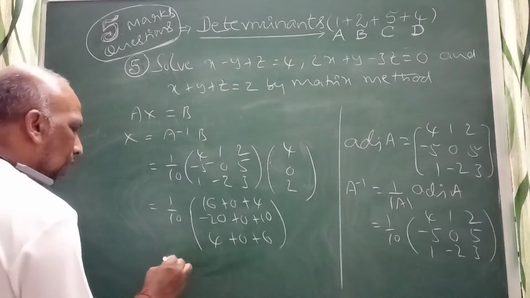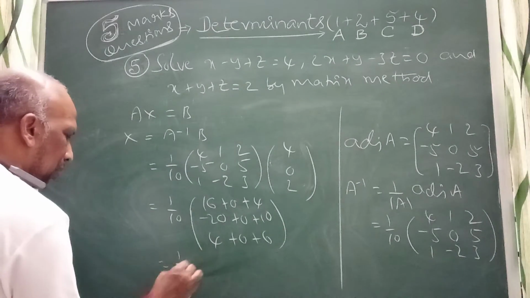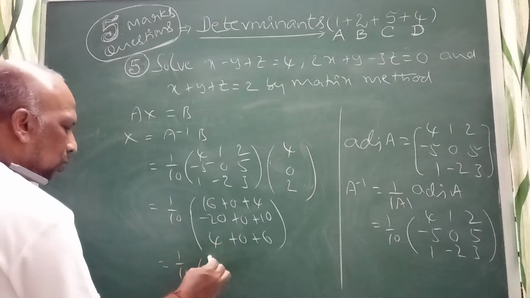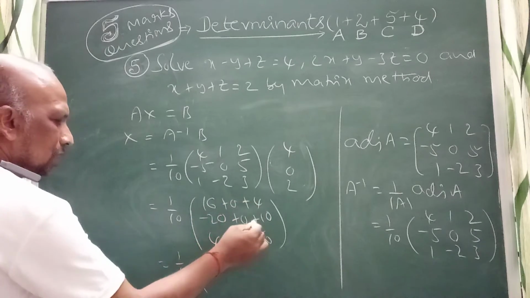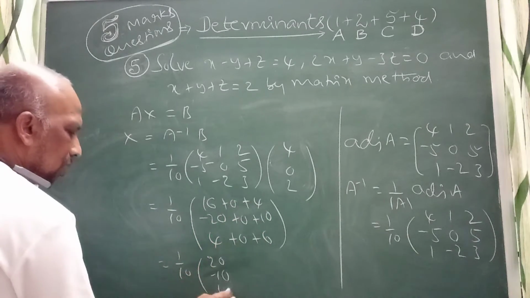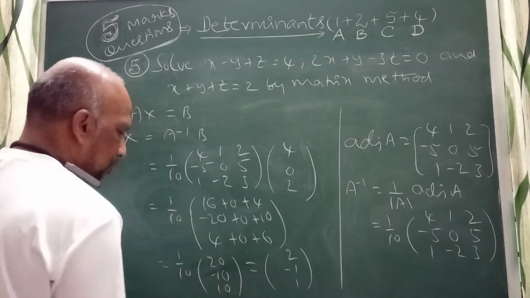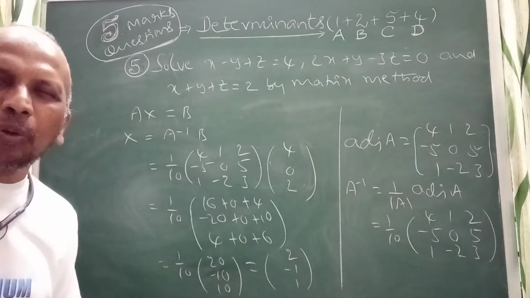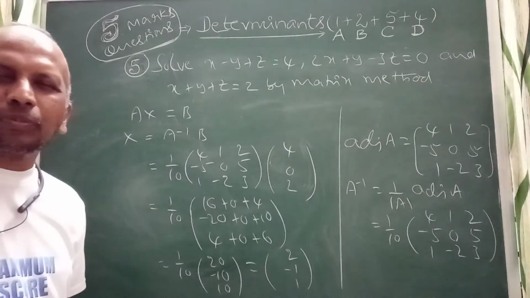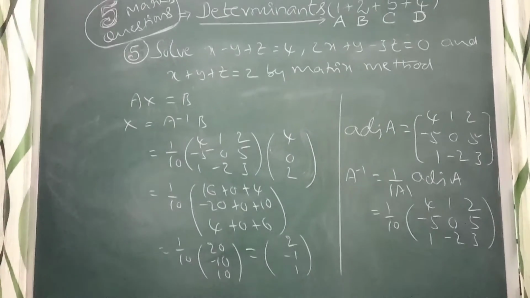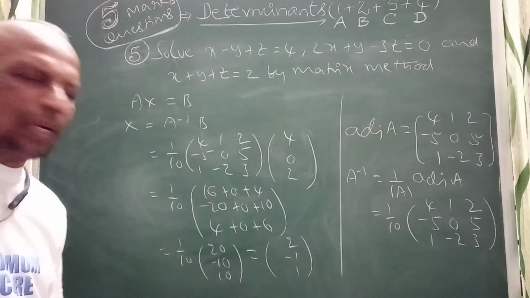So you will get this value. You can see here 1 by 10 into 20, correct, this is minus 10 and this is 10. You will get 2 minus 1 1.